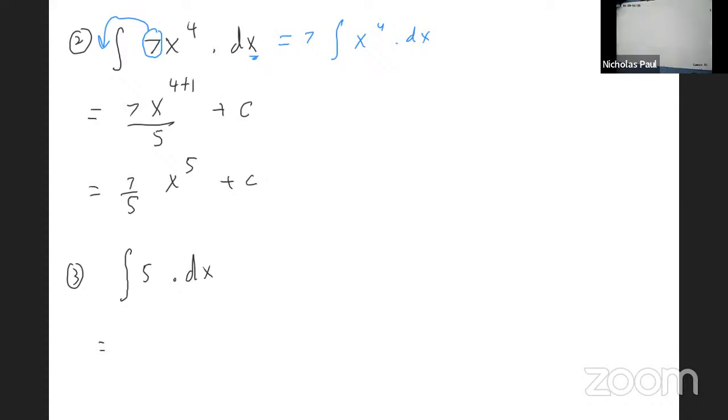What's the integral of 5? Any guess? Vinay? None? Remember, integration is the reverse of differentiation, right? Any guess, Annalie?